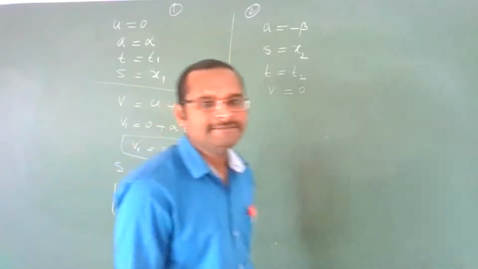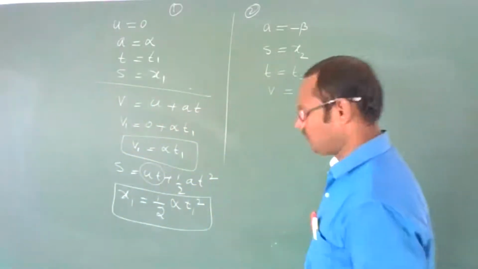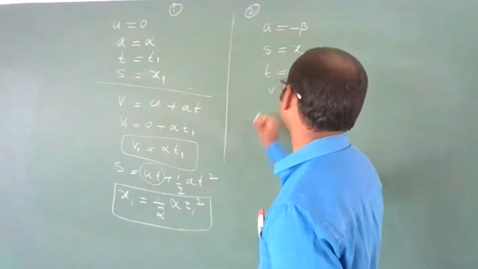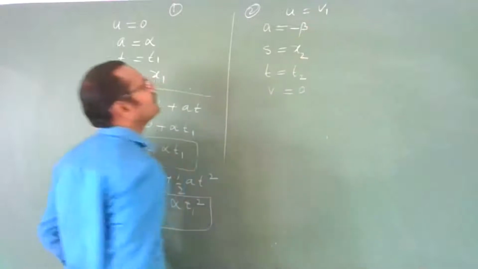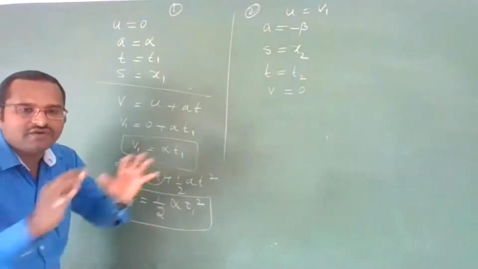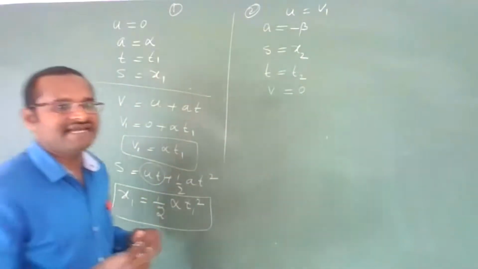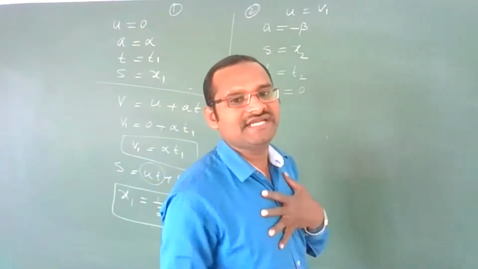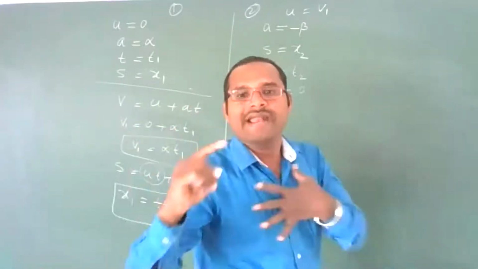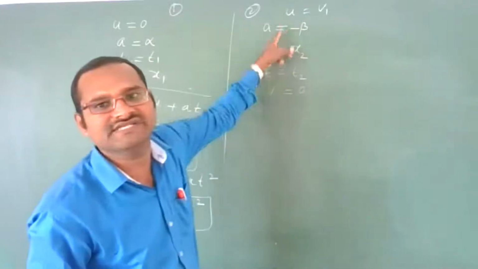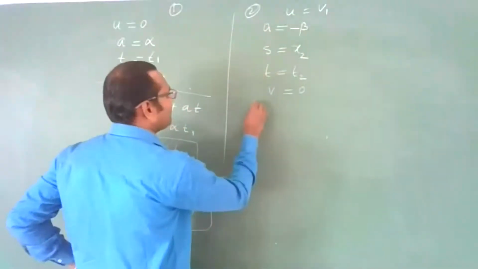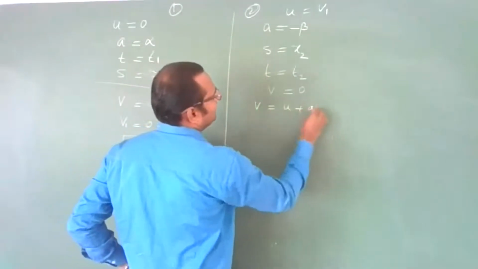Now come to the second part. The initial velocity of the particle is v1, because they are talking about only one train. First it is accelerated and gets the velocity v1. Now, at that v1 it starts decelerating, meaning its initial velocity for the second case is v1. Again use the formula v is equal to u plus at.